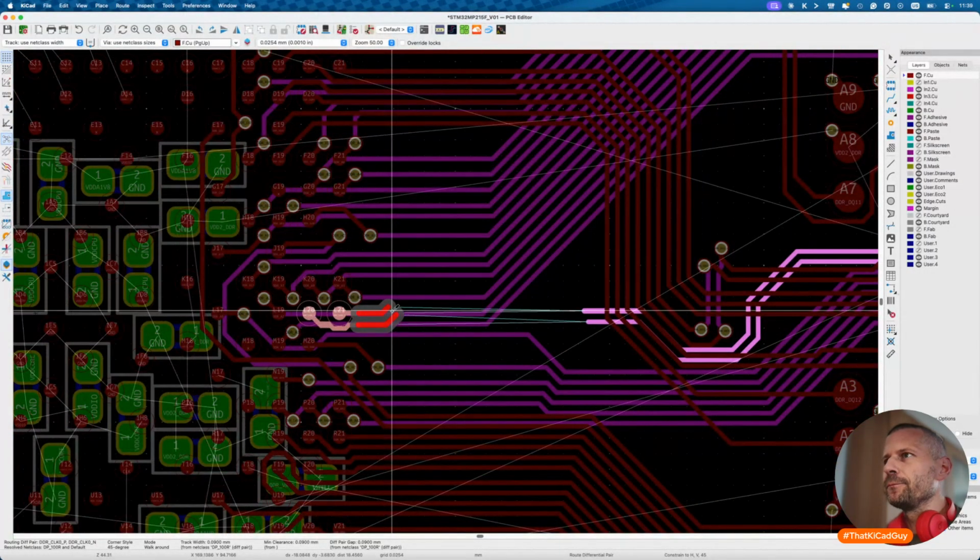Okay, so there is plenty of room on the top layer.